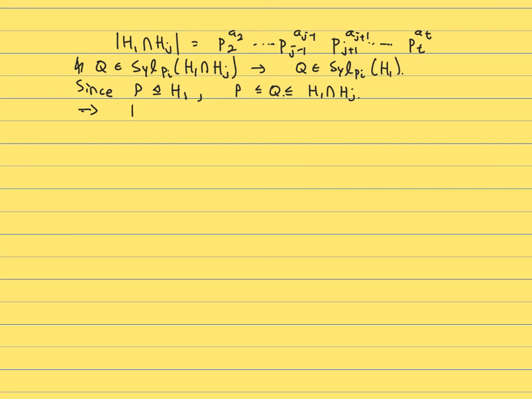Well, by lemma 10, we're working only with these two groups now. G is equal to H1, Hj. And so every element in the larger group can be written as little h1, little hj.